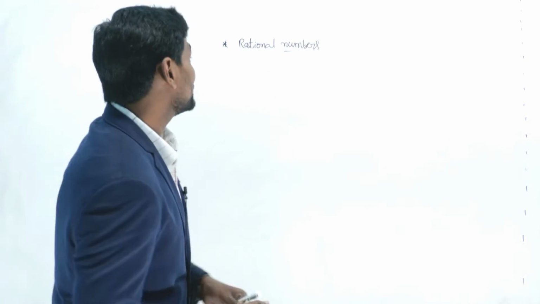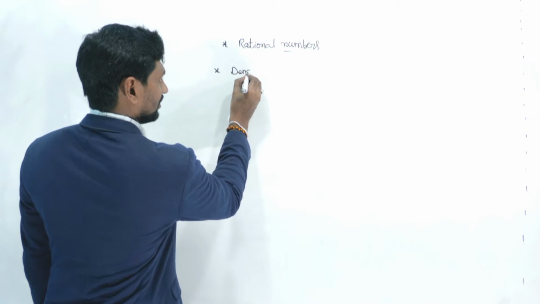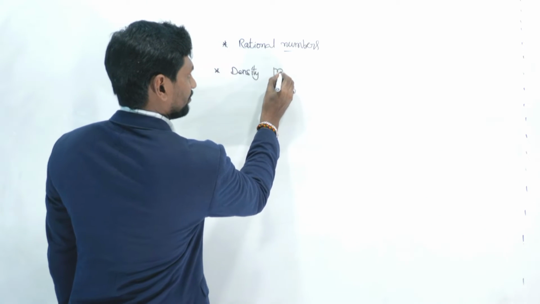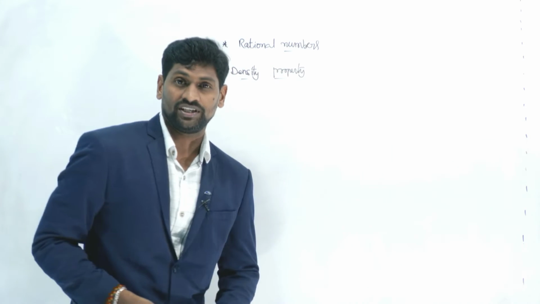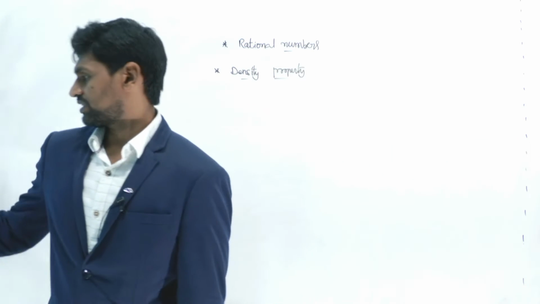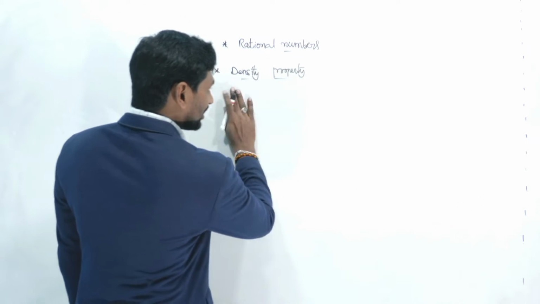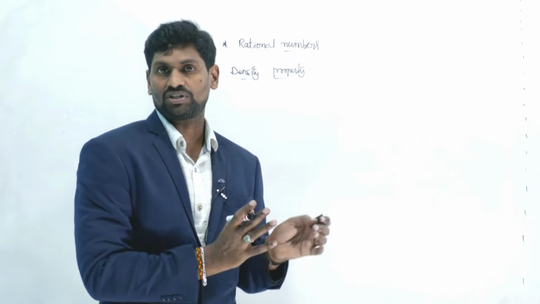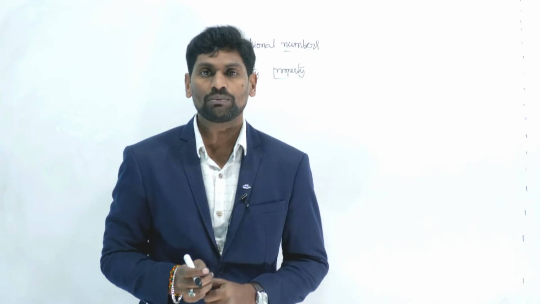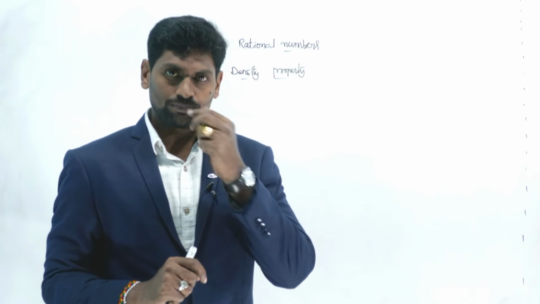Now let us see the density property of rational numbers. So density property means if you take any two numbers, between the two numbers we can write uncountable rational numbers, or we can insert uncountable rational numbers. Such a property is called the density property.